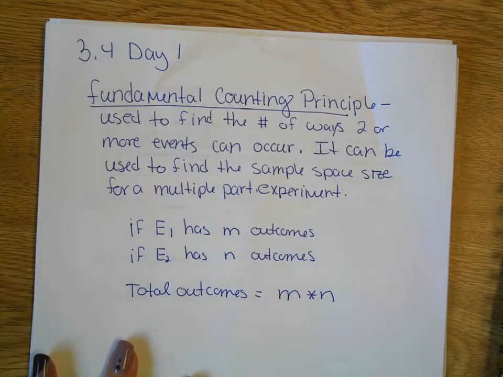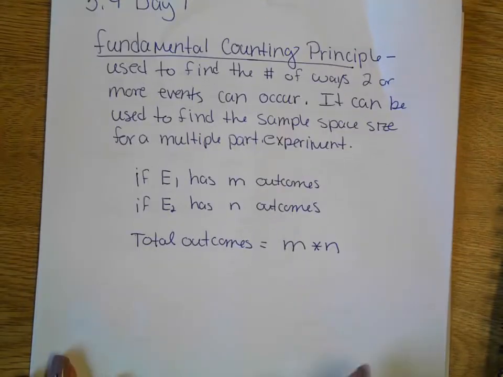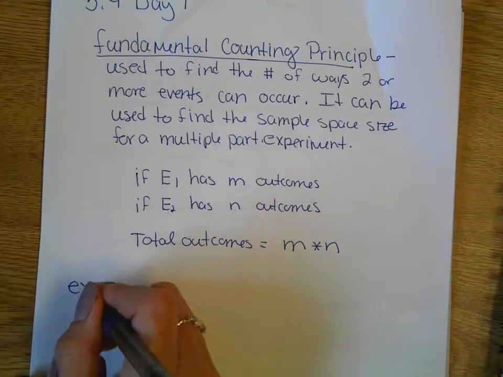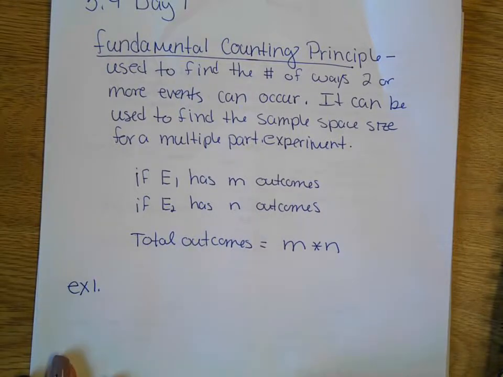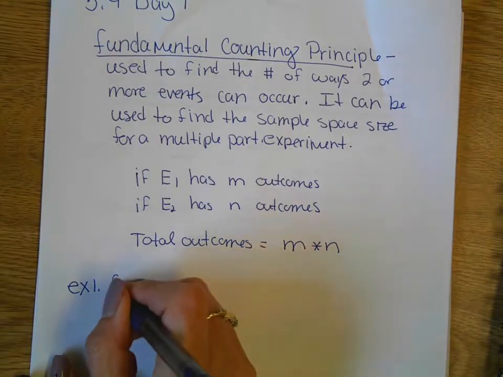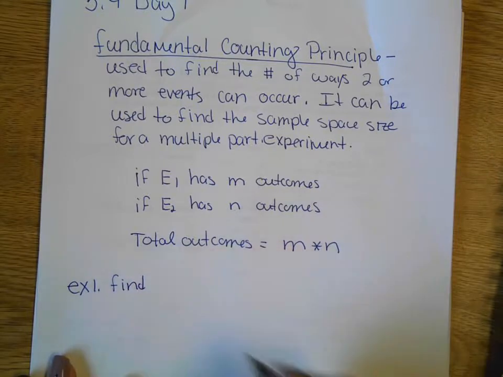So I'm going to take you back to some of the things we've already done and see how we can find that total. Our first example, let's look at the sample space. I use sample space, but the other phrase could be find the total outcomes.